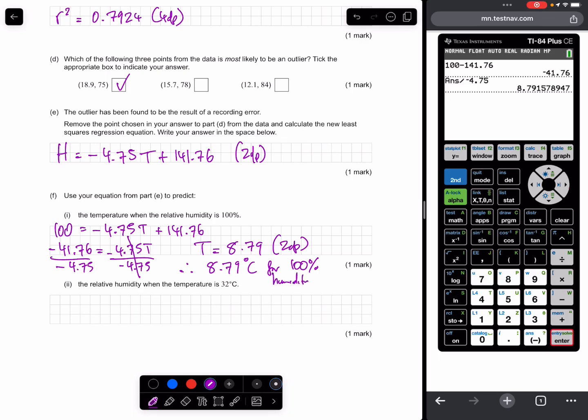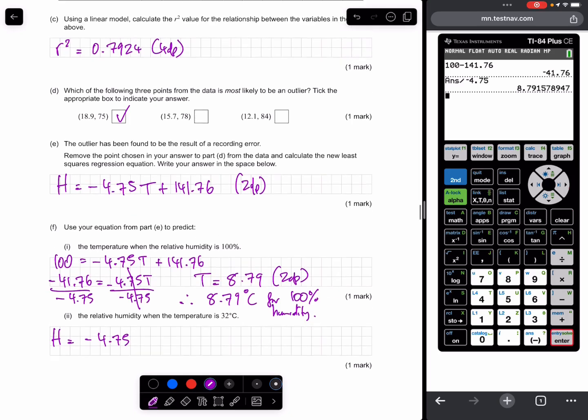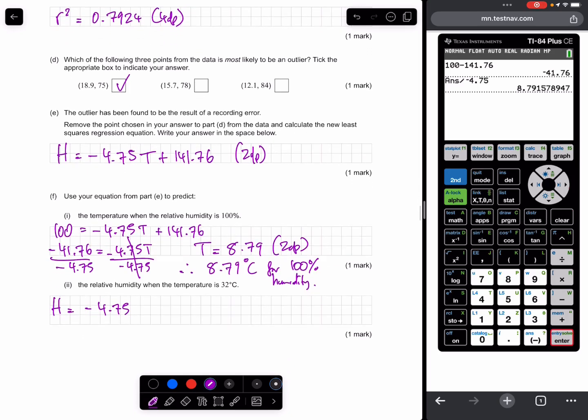humidity. The relative humidity when the temperature is 32, H is unknown, negative 4.75. Temperature is 32 plus 141.76. H equals negative 4.75 times 32 plus 141.76.